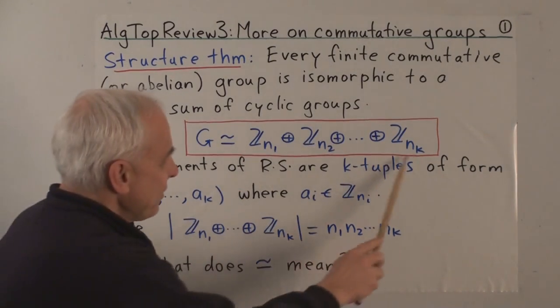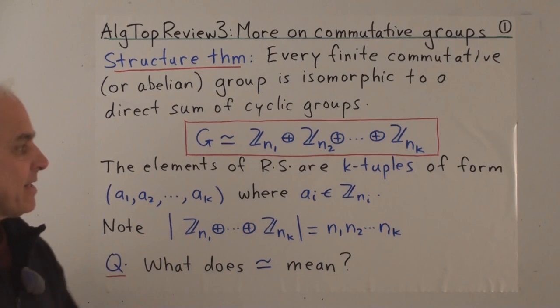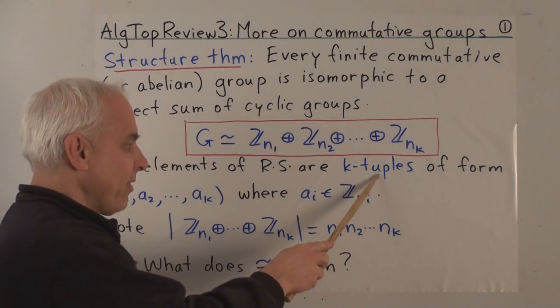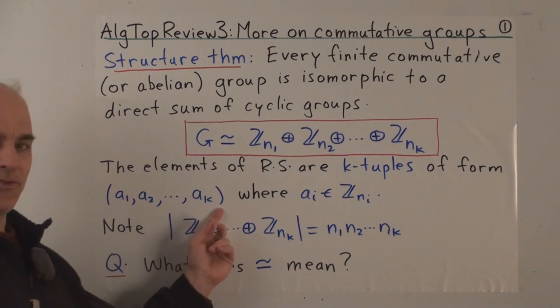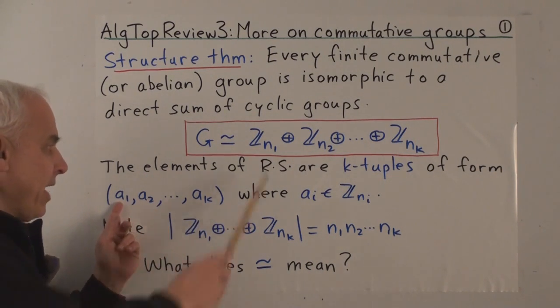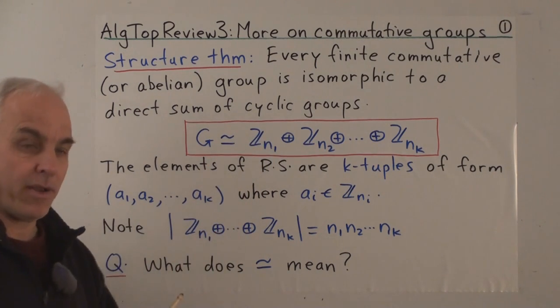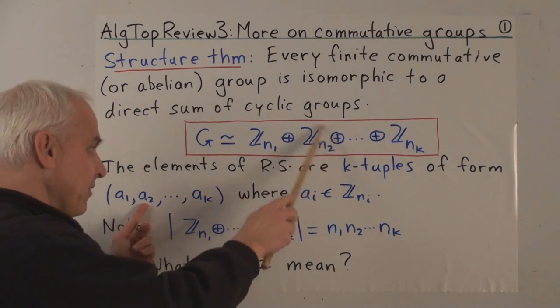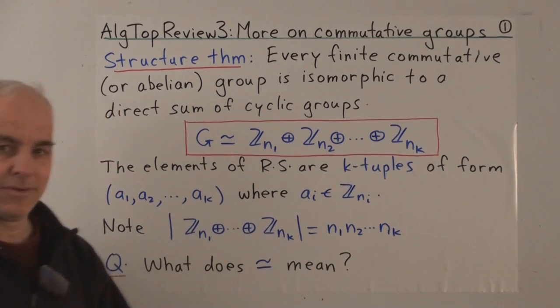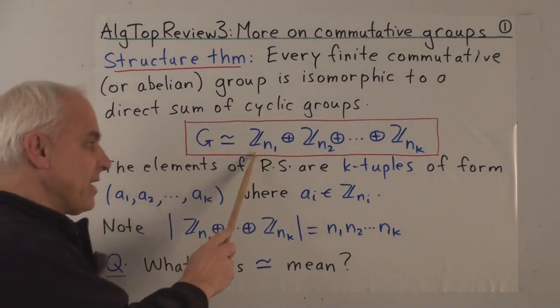I remind you that this direct sum means that we're considering objects which are k-tuples. In other words, they're like vectors with k components. The first component, a1, has to be an element of Zn1. The second one, a2, is an element of Zn2, up to the kth one, which is an element of Znk.